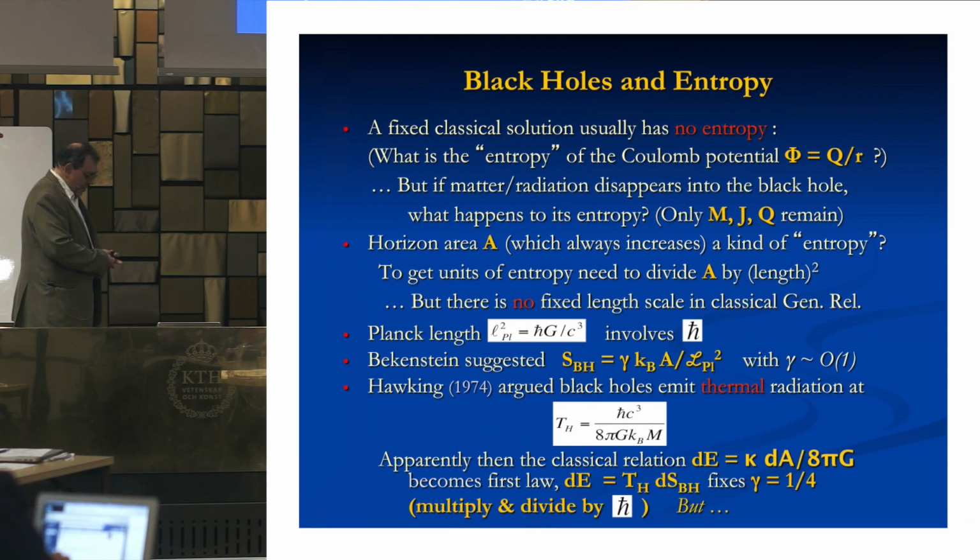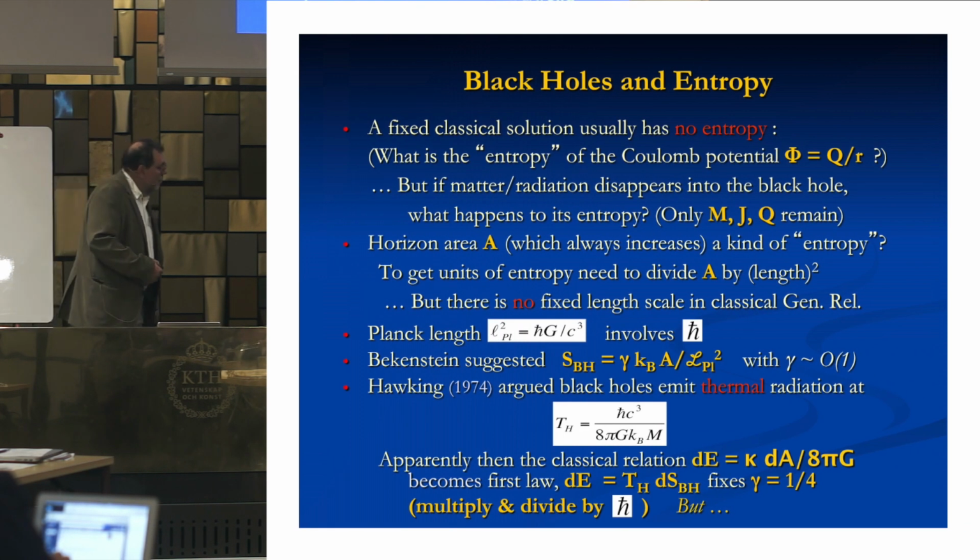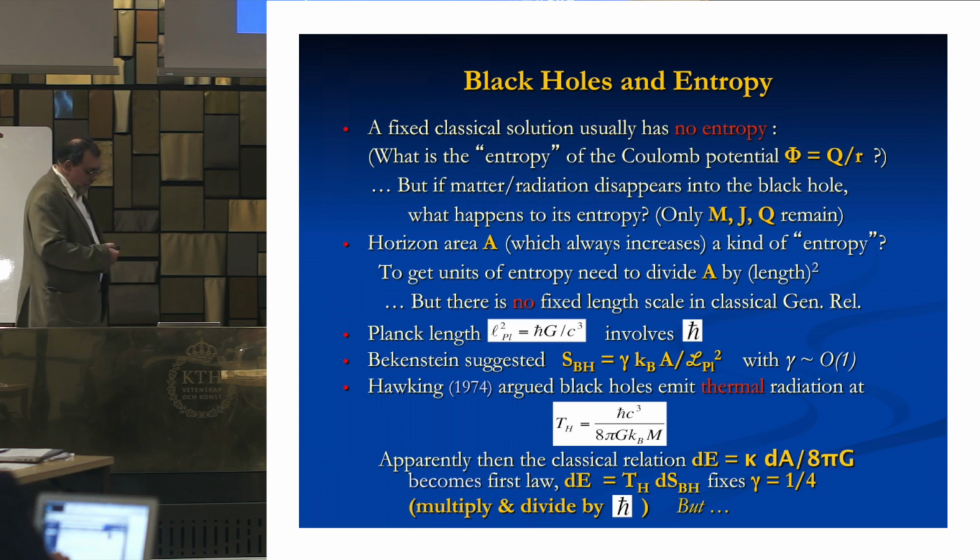Okay, now again, you're all familiar with this, that's why we're here, but the issues that come when you try to put quantum mechanics into this are a fascinating interplay of quantum mechanics, thermodynamics, and general relativity.